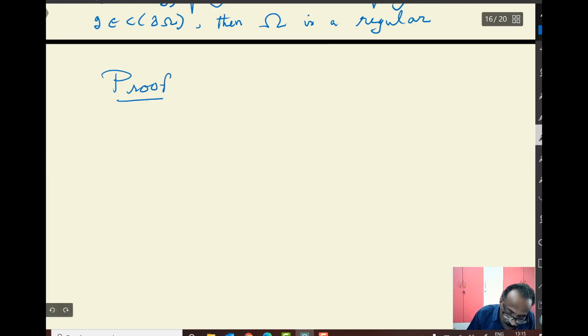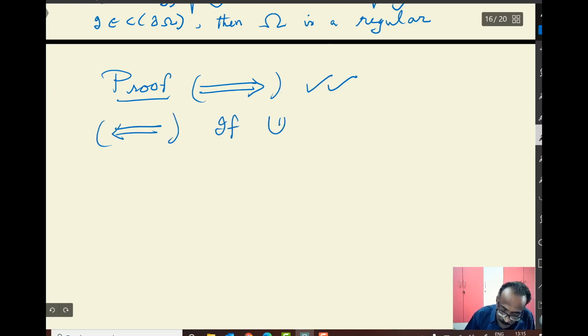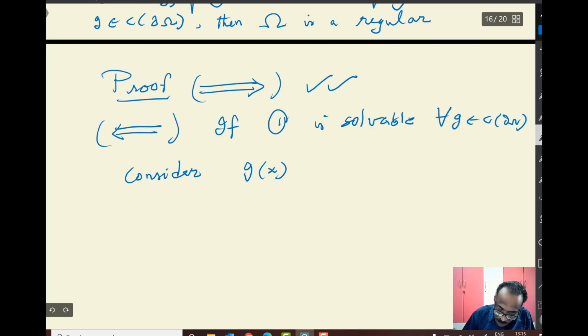One part is proved. Okay, so assuming that omega is a regular domain, this is what we have done now. Conversely, if 1 is solvable for all G in continuous functions, then consider this particular G. Gx equal to minus mod x minus psi, where psi is in d omega.